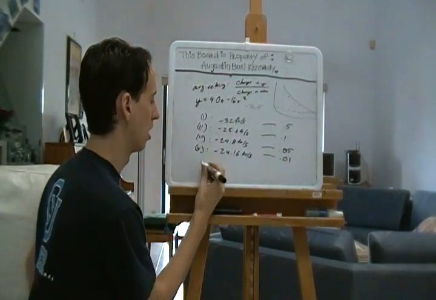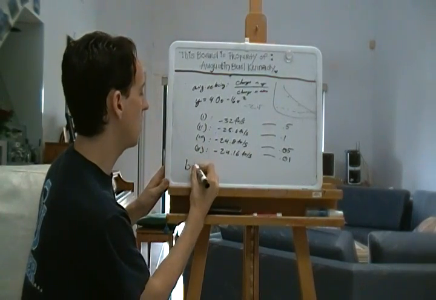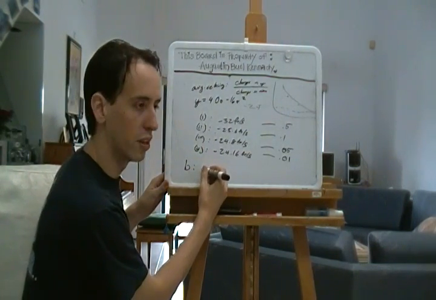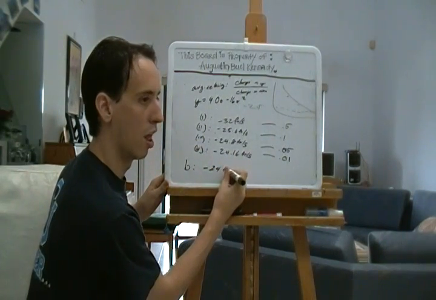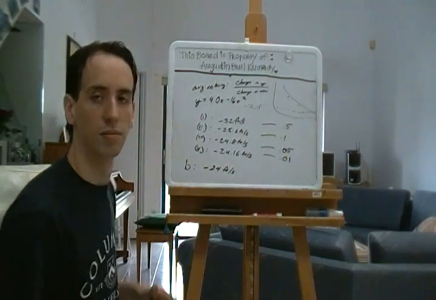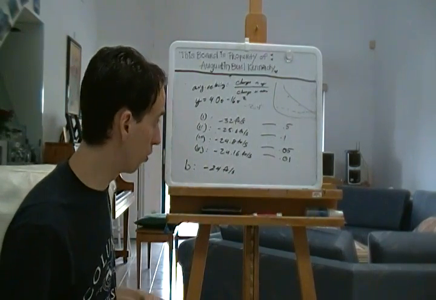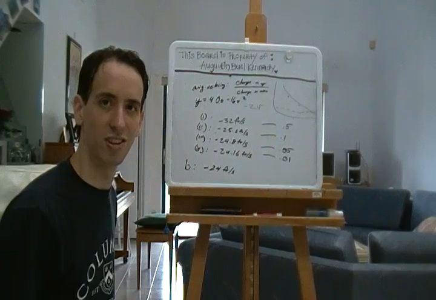And if you guessed that, you're right, because the answer to part B, a good estimate for the instantaneous velocity at t equals 2, is negative 24 feet per second. So if you got that, pat yourself on the back.